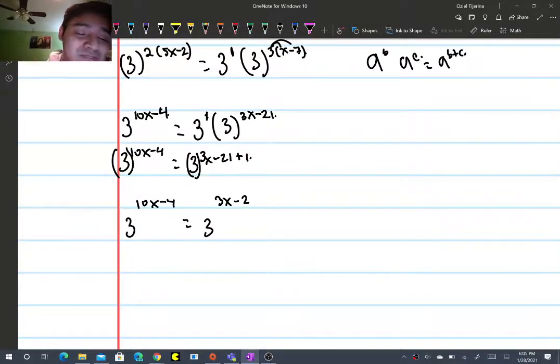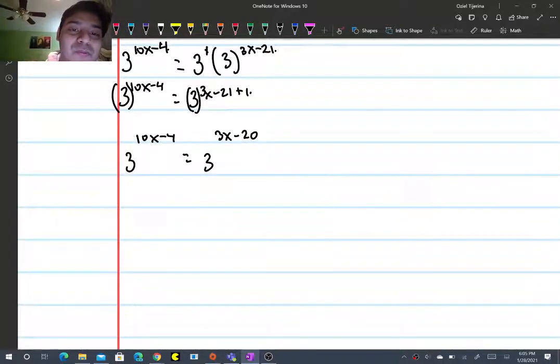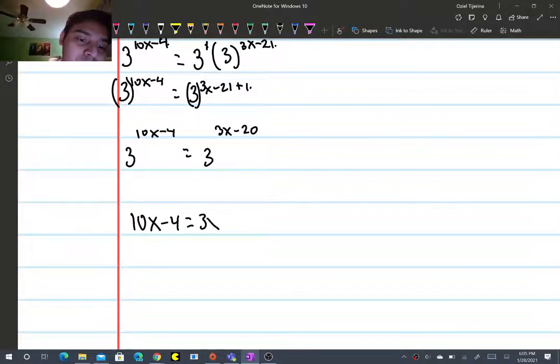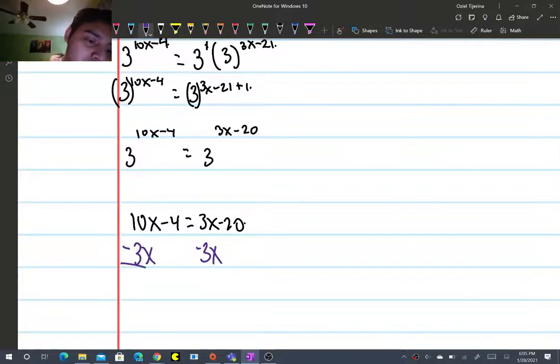Not 21, I almost said 21 minus 20. Okay, so now we have the same base, so we can make the exponents equal to each other. So we have 10x minus 4 equals 3x minus 20, and then we subtract 3x on both sides. So 7x minus 4 equals negative 20.